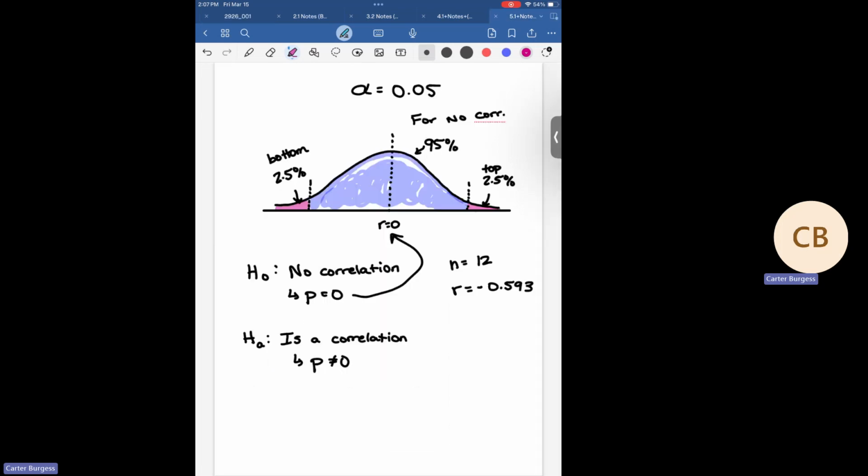In our case, if the table value, which is also known as the critical value, was R equal to 0.576, how does our value compare to what we see in the table? Is it stronger or weaker? And does that mean it's more rare or less rare?